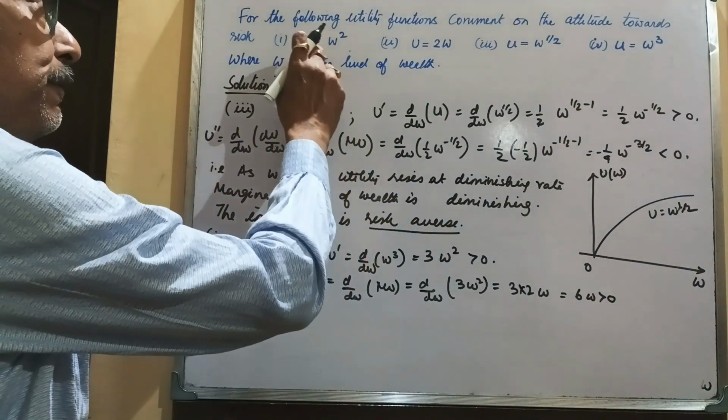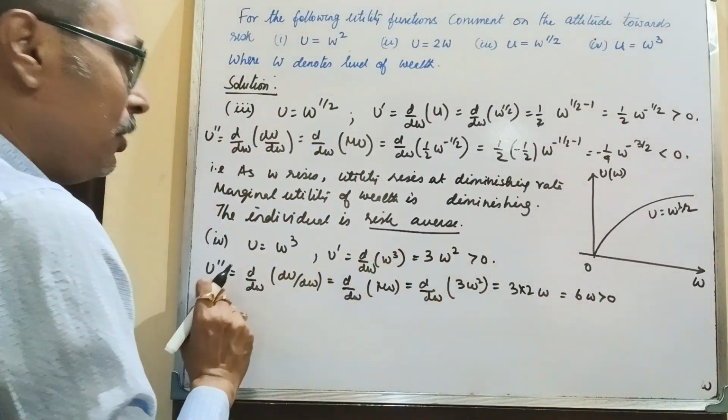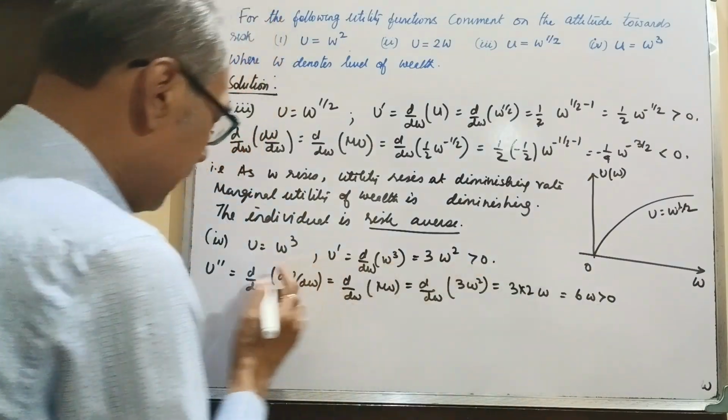Again, just like the first case, we are getting u prime positive and u double prime also positive.